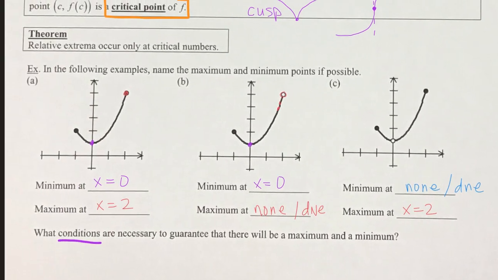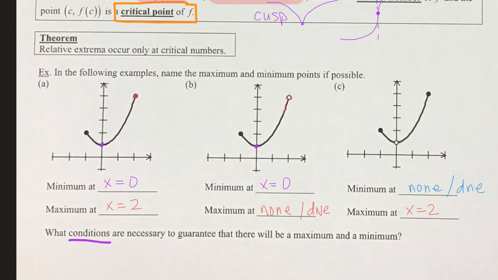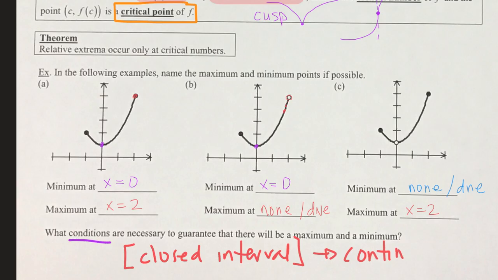Okay, so what needs to happen in order for us to have a maximum or a minimum value? We have to have a closed interval where our graph is continuous. On B, we don't have a closed interval.